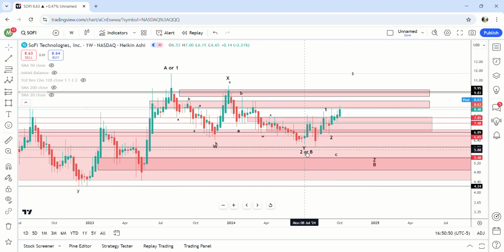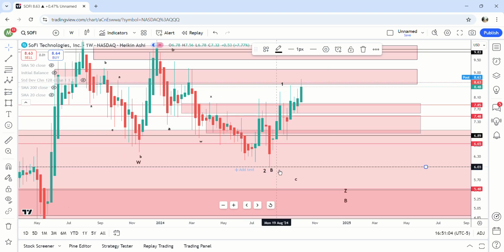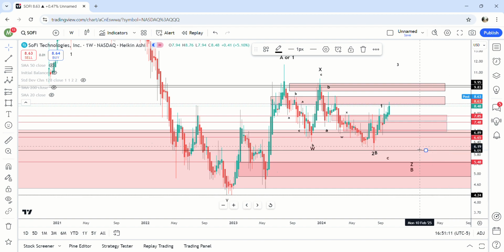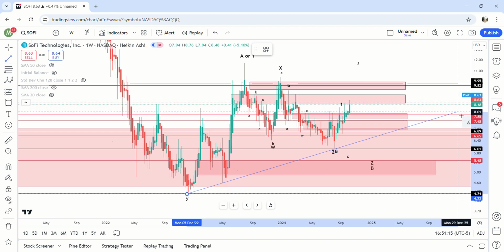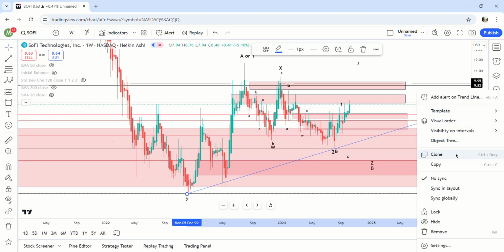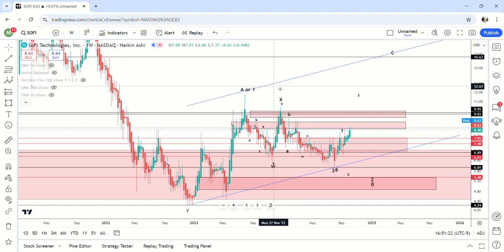Get rid of these real quick. So we have 2 or B. In an Elliott wave, if you're going to start an impulse up, you can't have a lower low. So that means that the second wave ended right here. So we can go ahead and just draw a parallel line here and get an idea of where we're looking at for a C wave or a third wave.